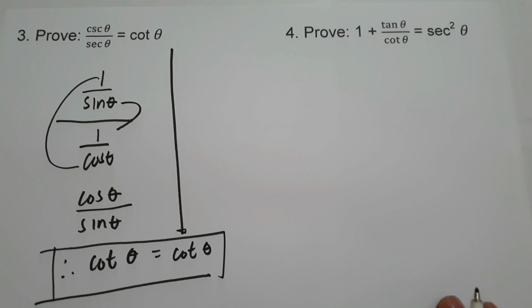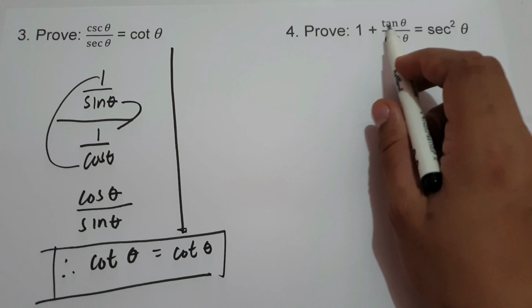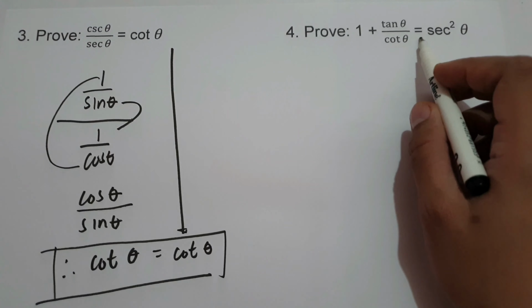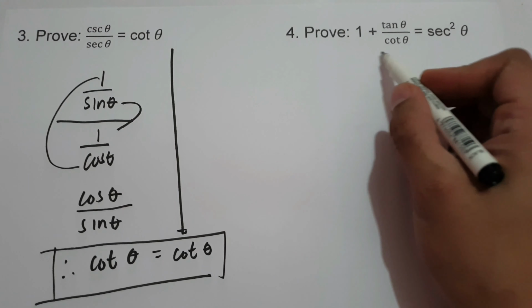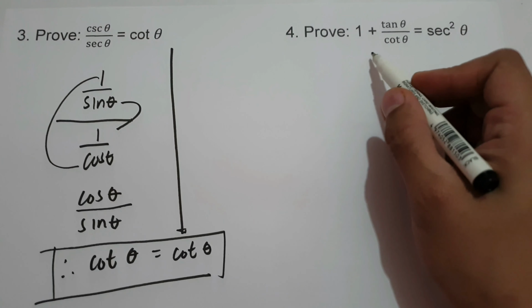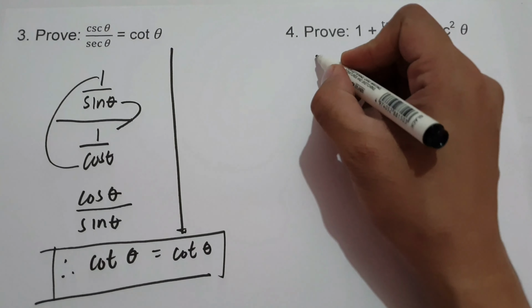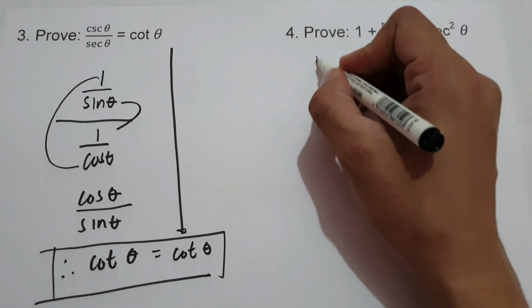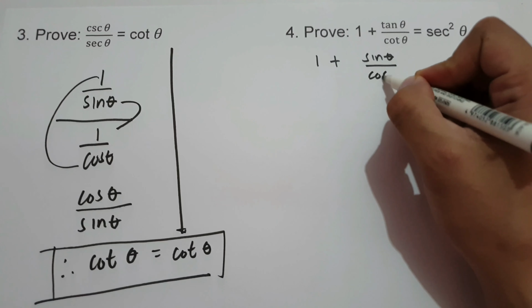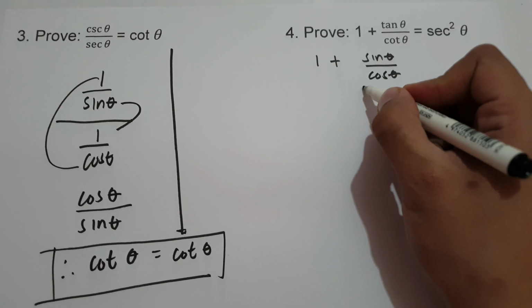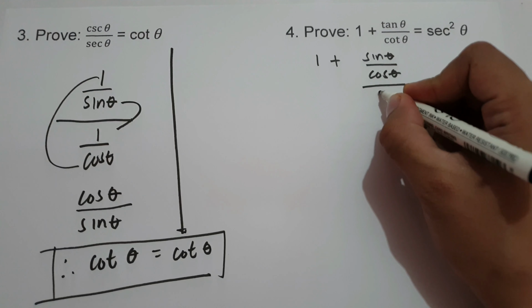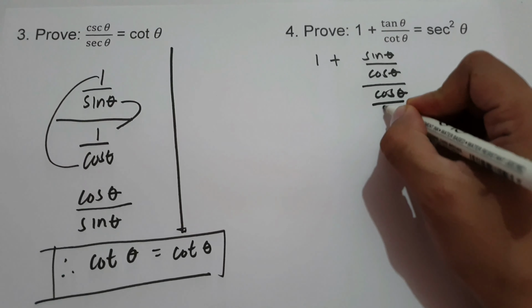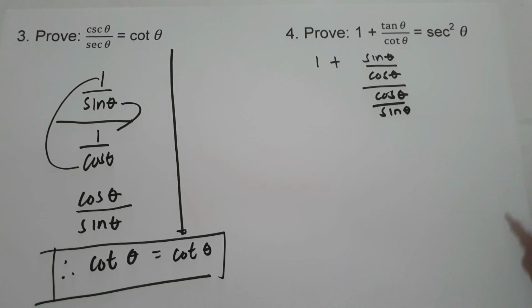On example number 4, we have 1 plus tangent theta over cotangent theta is equal to secant square theta. So since the left side is more complicated, let's start working on the left side of the equation. So we have 1 plus tangent theta, that is sine theta over cosine theta, over cotangent theta, that is cosine theta over sine theta.